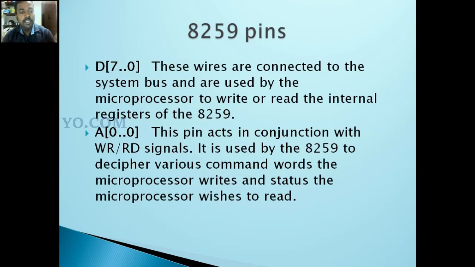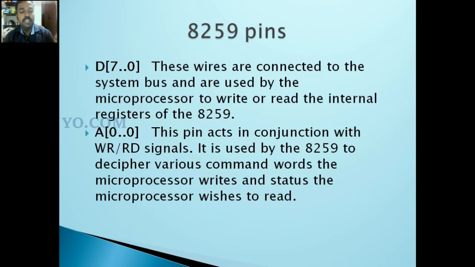Then CAS 0 to 2: these are the cascade signals to enable multiple 8259 chips to be chained together. Then SP bar EN: this is a signal used in conjunction with the CAS signals for cascading purposes. These are the signals used in the 8259.